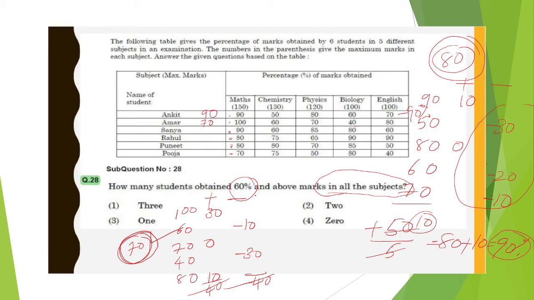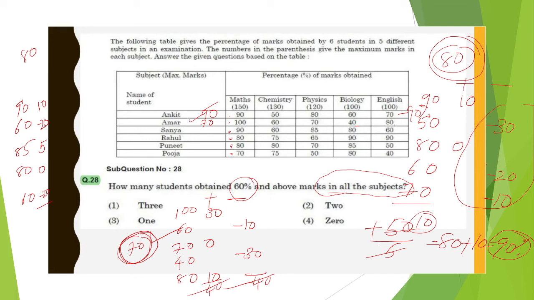How many students obtained 60 percentage and above? Here, these two are 60 percentage and above. Okay, we will see Sanya also. Sanya 90, 60, 85, 80, 60. I will take average as 80. 90 is 10 more, 60 is 20 less, 85 is 5 more, 80 is equal, 60 is 20 less.